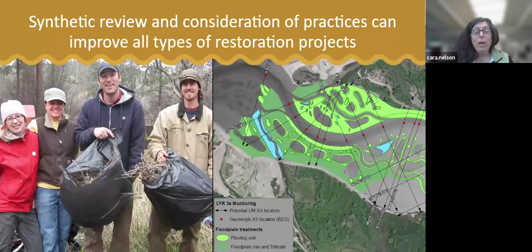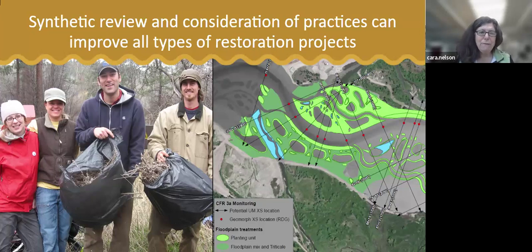Okay, so we couldn't really simplify the standards of practice without losing important guidance. And the authors felt strongly that synthetic review and consideration of all the practices would lead to better projects overall. So to be clear, you see on the screen here, these are both in my local community in Western Montana in the US.